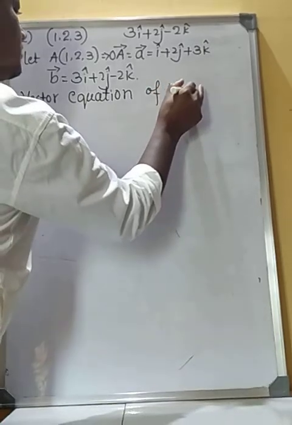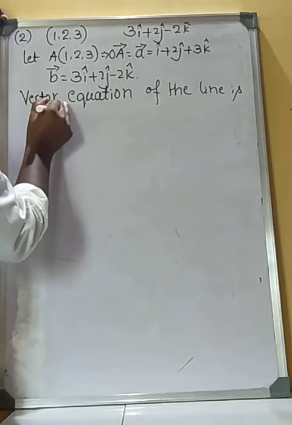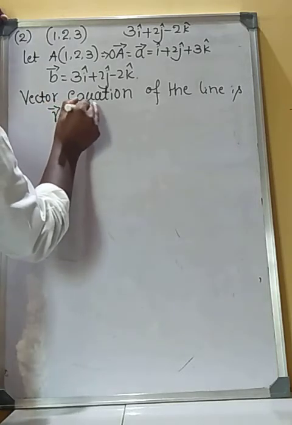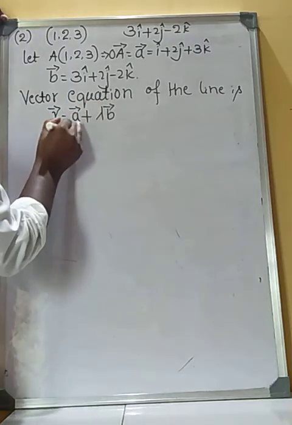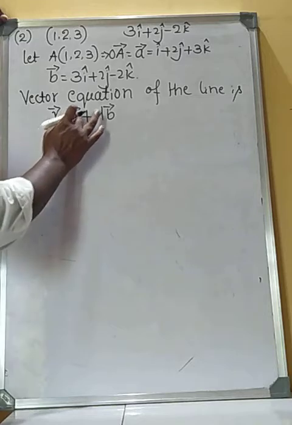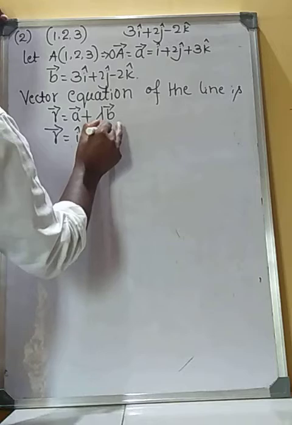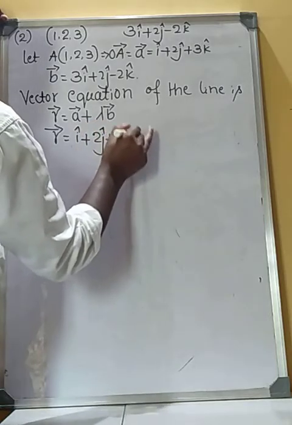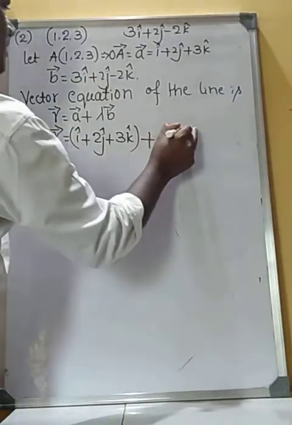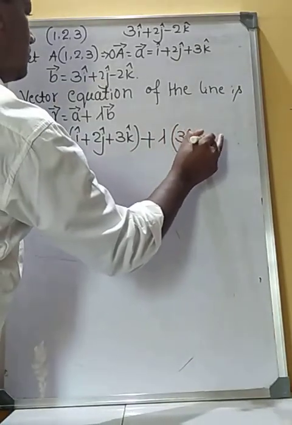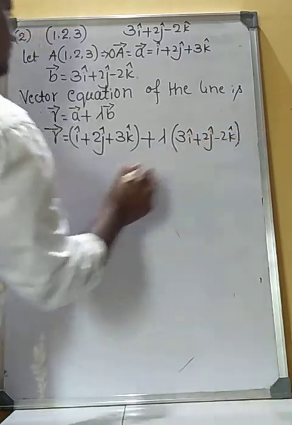The vector equation of the line is r vector equals vector A plus lambda times vector B. Therefore, r vector equals i plus 2j plus 3k plus lambda times (3i plus 2j minus 2k).